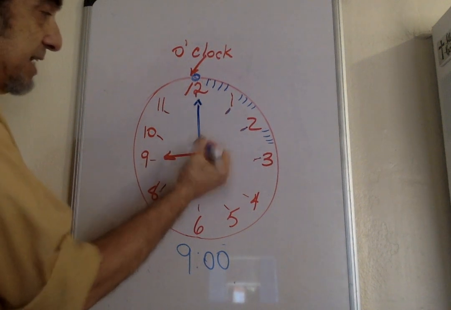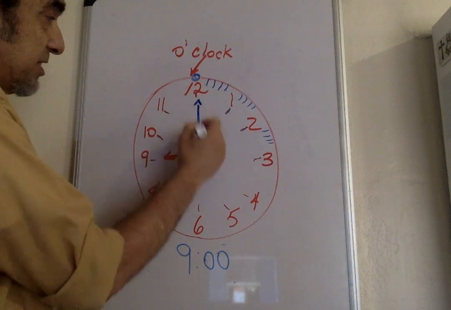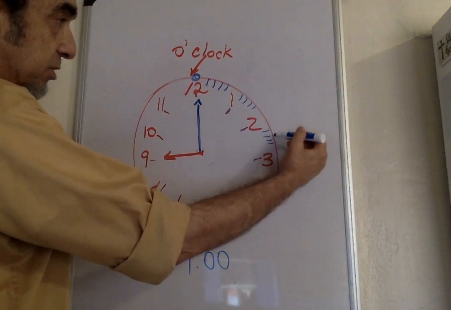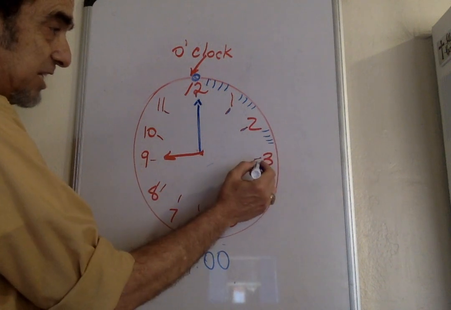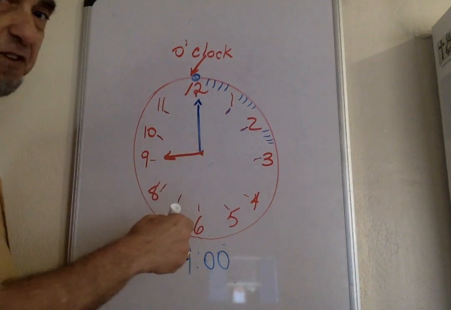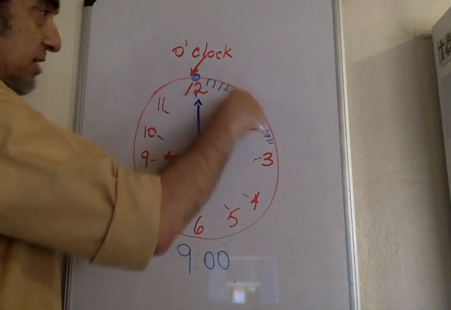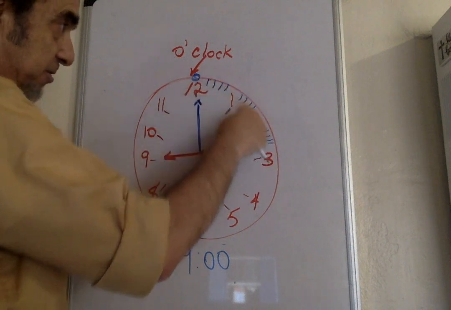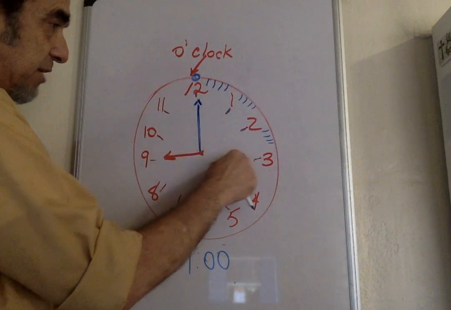That would be 9:10 if this hand were here. And then we keep counting. 10, 11, 12, 13, 14, 15. So if this hand were here, it would be 9:15, because if we would count all these, it would be 15 lines after the 12.